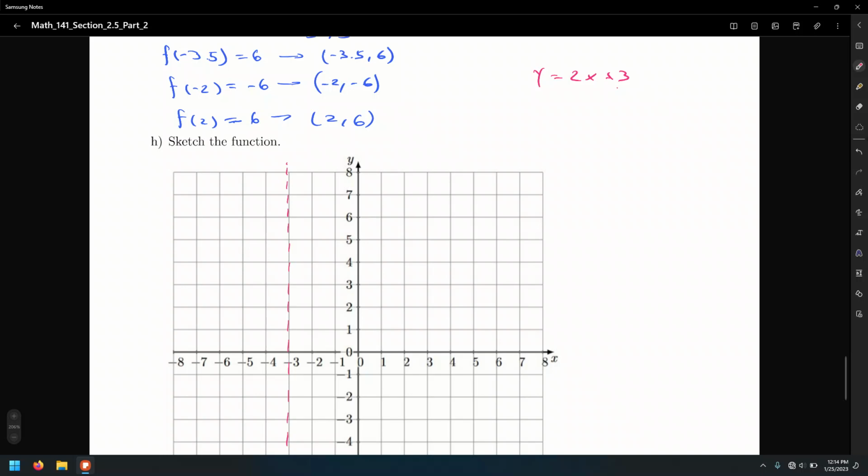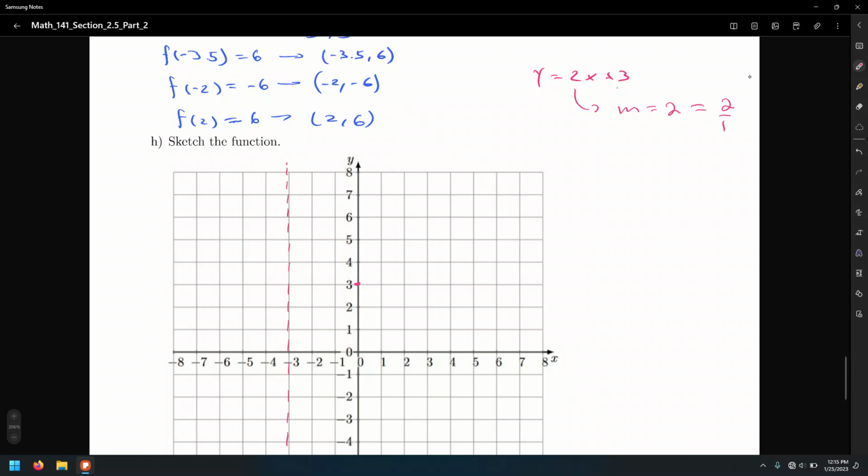So let's go on the y-intercept to the number 3, and then from there the slope, which is 2. This is the same as saying 2 over 1. The reason why I write it as a rational number is because recall the definition of the slope. The slope is the ratio of the rise to the run.